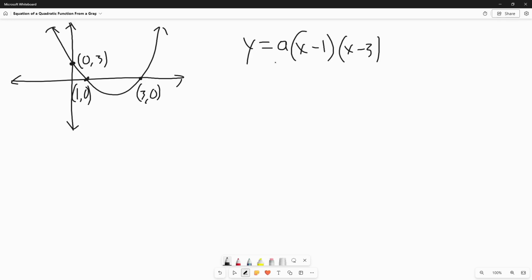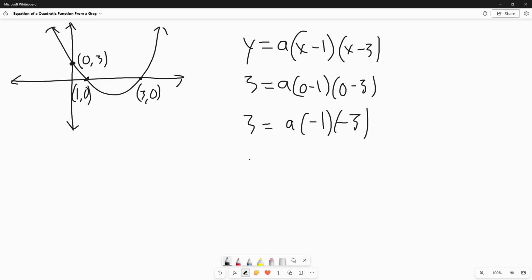And we need to find a next, so we just plug this y-intercept into this to find a. So 3 is equal to a times (0 minus 1) times (0 minus 3). And then we get 3 equals a times negative 1 times negative 3. And 3 equals a times positive 3. So a is just equal to 1.